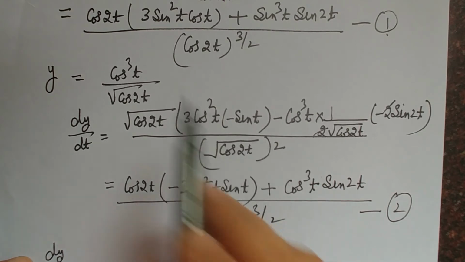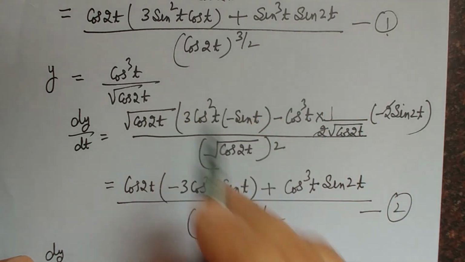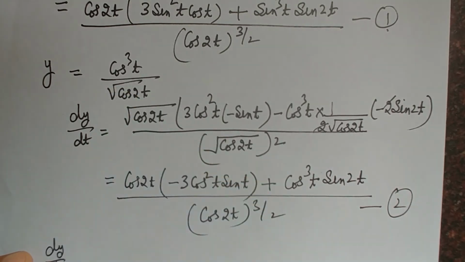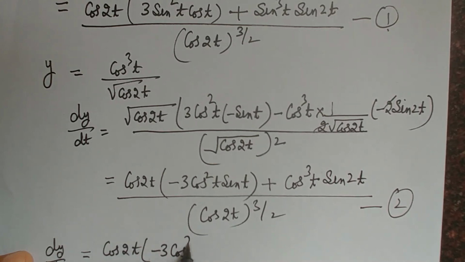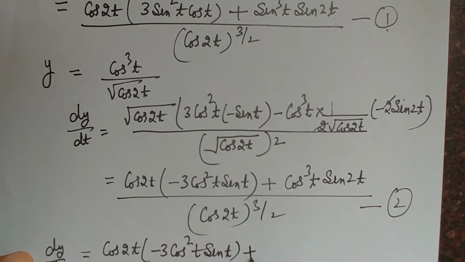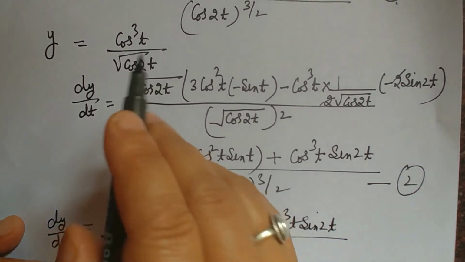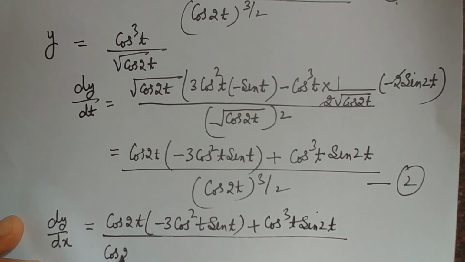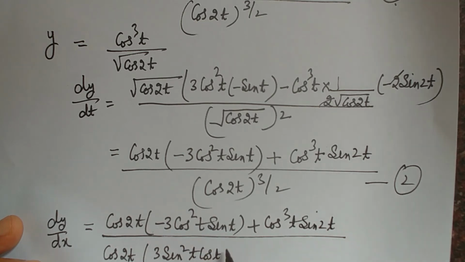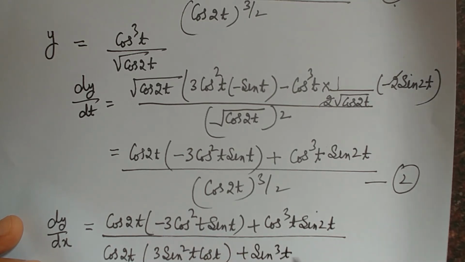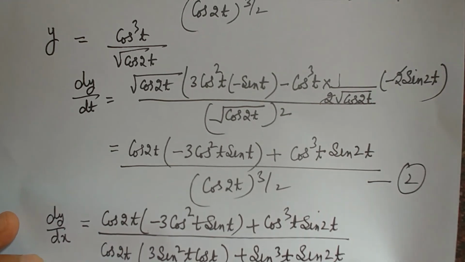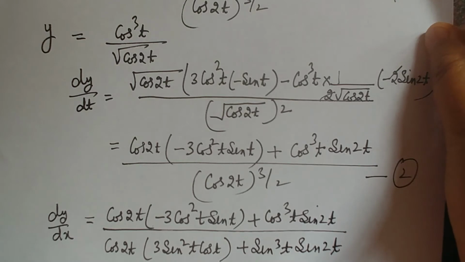The numerator of this one and denominator of this one, as the denominators of both are the same, will cancel. So the equation which I get will be cos 2t minus 3 cos square t sine t plus cos cube t sine 2t, divided by, the numerator of the first term was cos 2t, 3 sine square t cos t, plus sine cube t sine 2t.